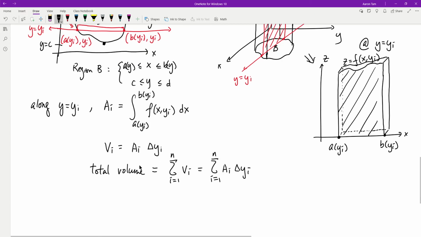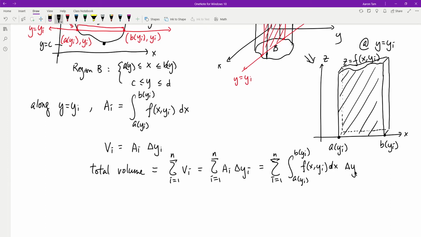And A sub i is given by an integral, so I'm going to say that's just equal to the sum from i equals 1 to n of the integral from a of y sub i to b of y sub i of f of x, y sub i dx, times delta y sub i.